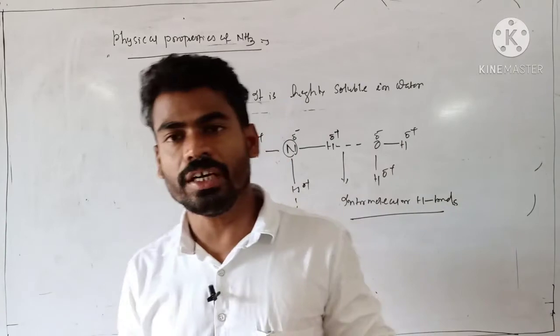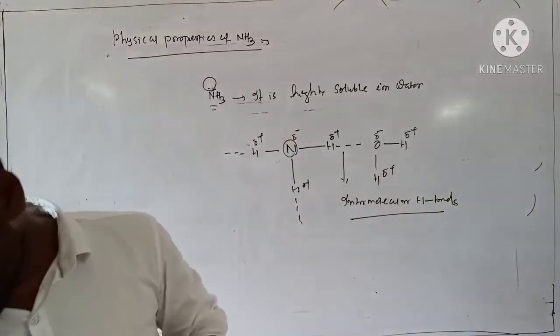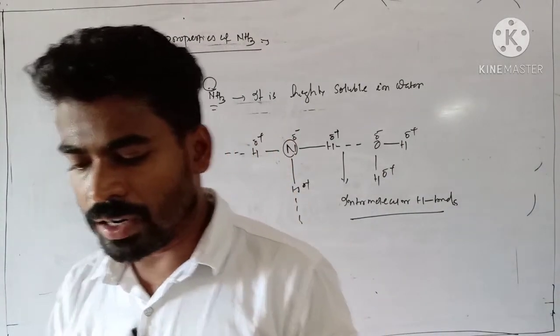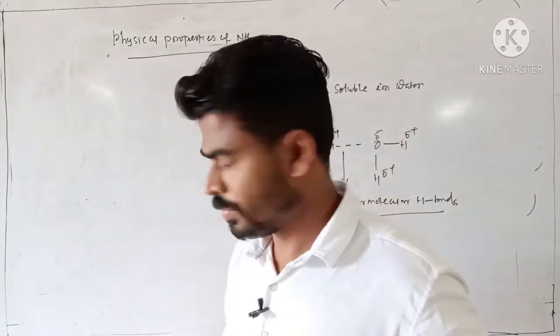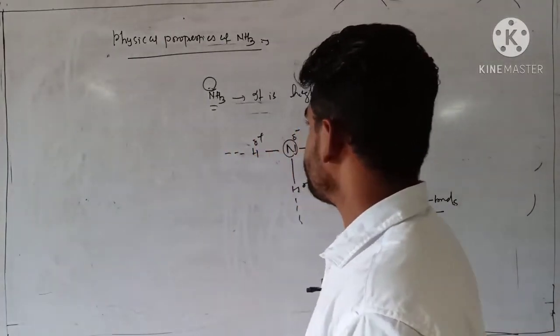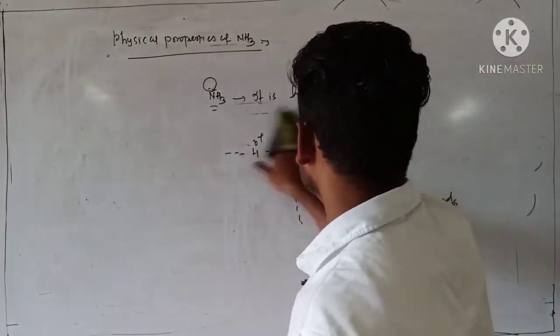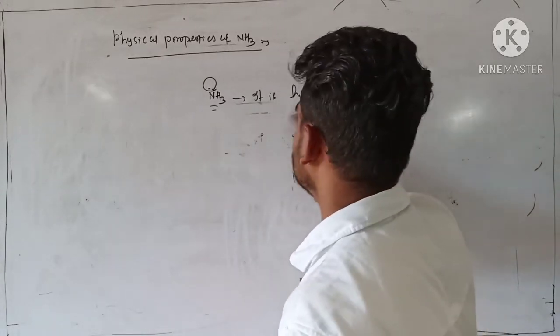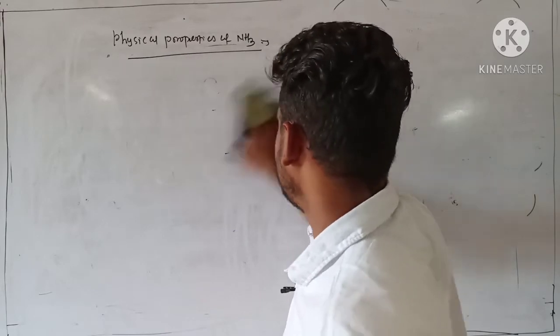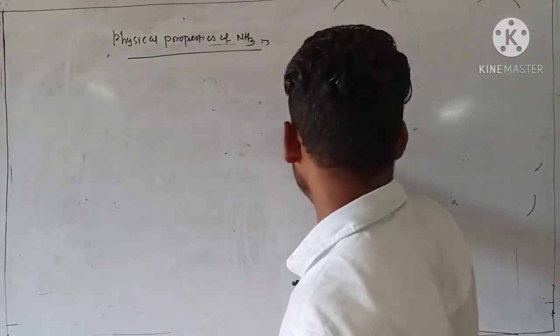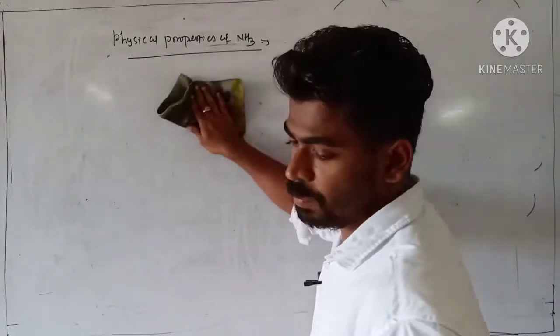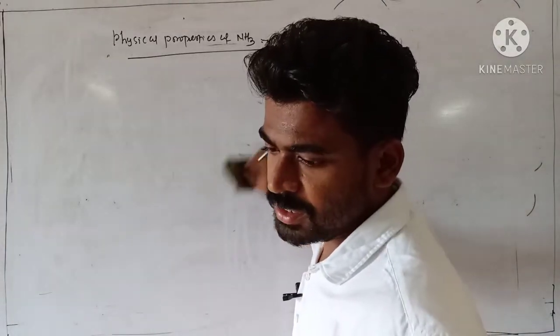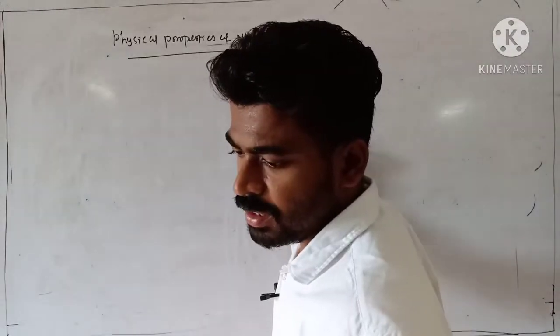Due to such associative interaction, ammonia is soluble in water. Regarding the physical property, you have to basically consider its solubility. Why is it soluble in polar solvent? Because of its polar nature, it is soluble in polar solvent.